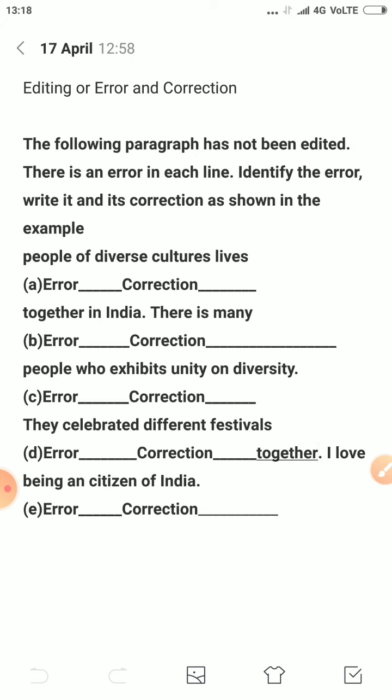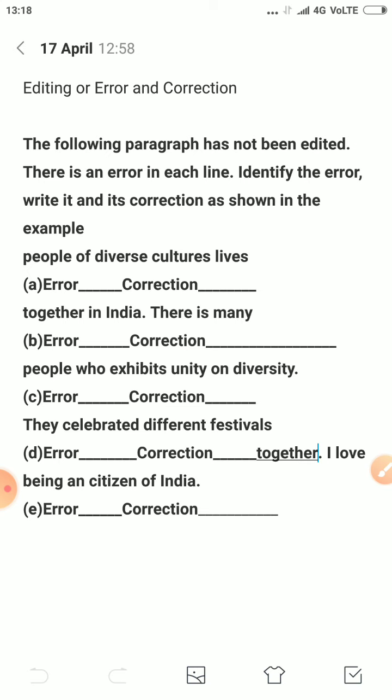Next line, together in India, full stop, there is many. This is the second line. In this line there is also an error and we have to find the correction.